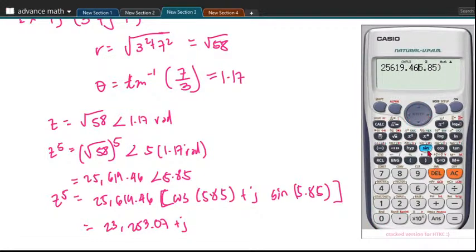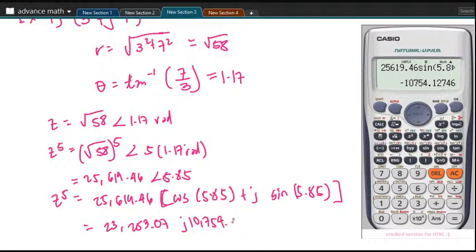It is negative, so that will be minus 10,754.13. So this will now be our answer.